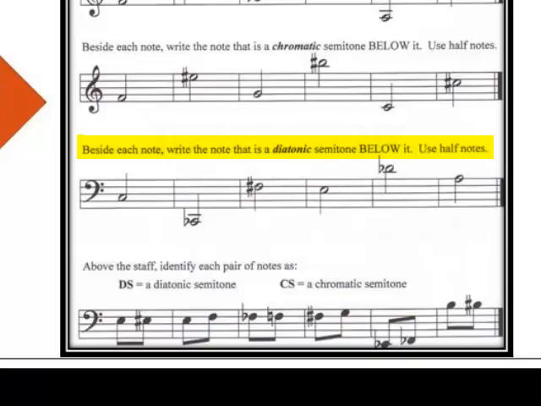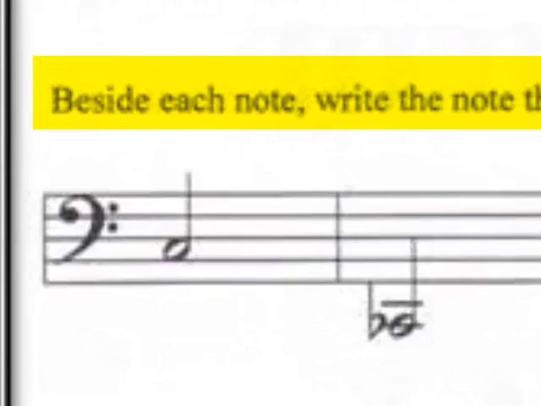Diatonic and different start with D, so we're going to be writing a different note name. In the first example, we have a C, so our answer must have a B in it. And because there's no black key between C and B, the answer would be B.